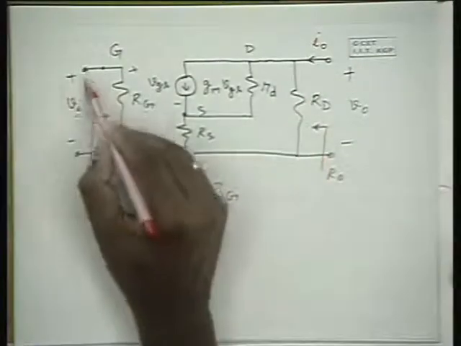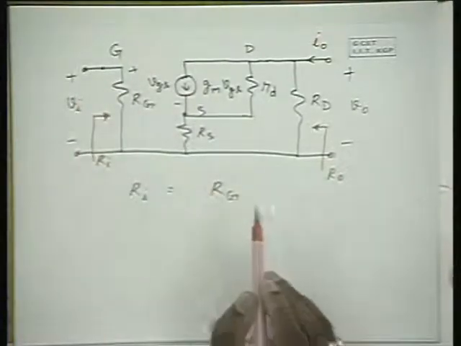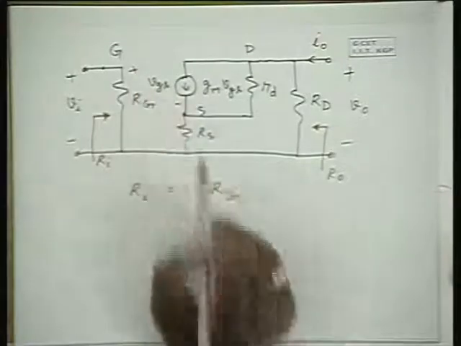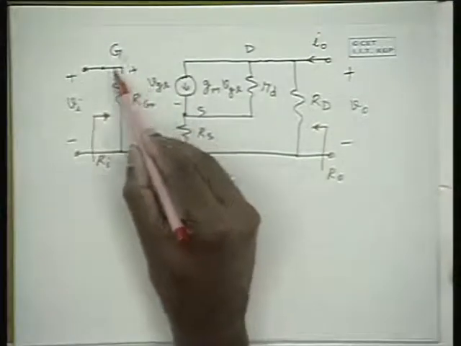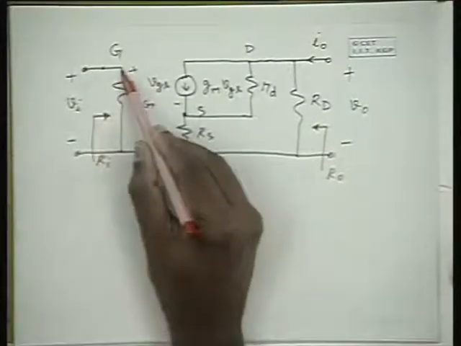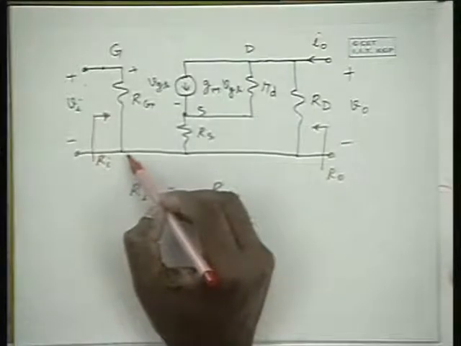Now in the process Vi is becoming 0 when you replace Vi by a short circuit, but it does not mean that VGS is 0. Please note that when this is replaced by a short circuit, the gate is connected to ground.